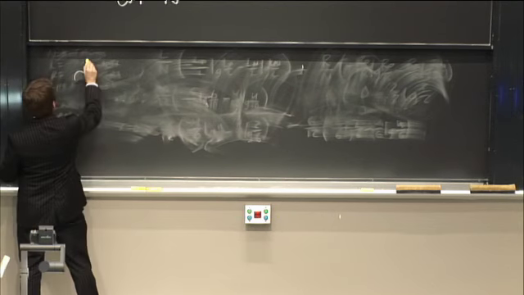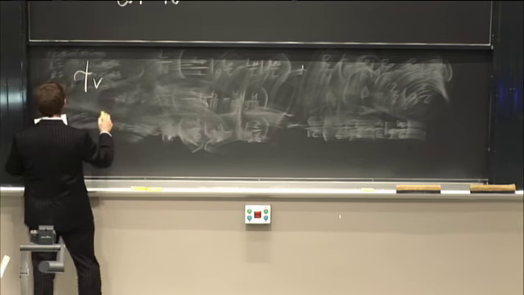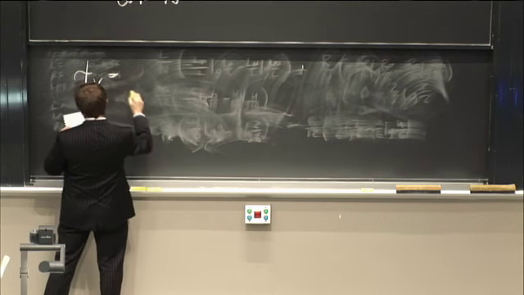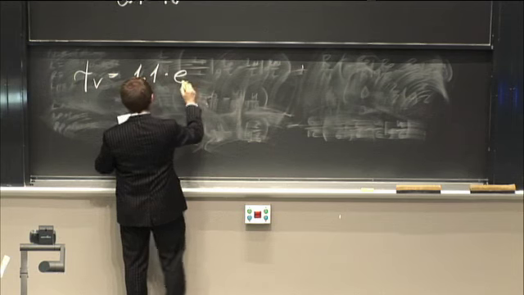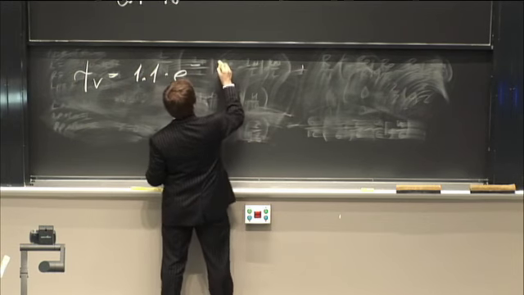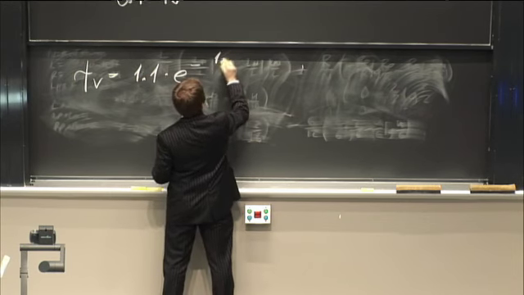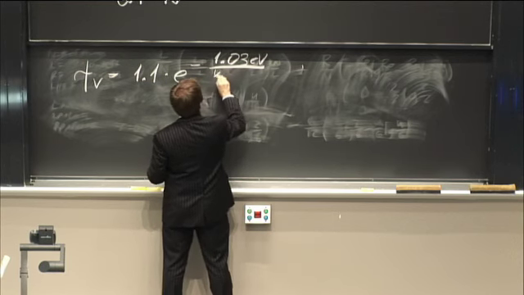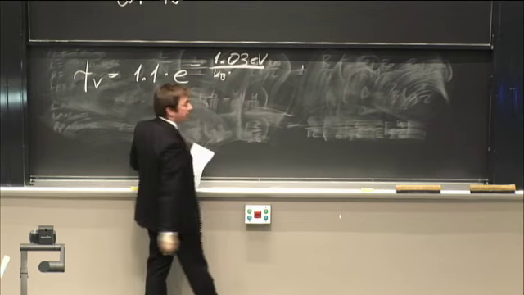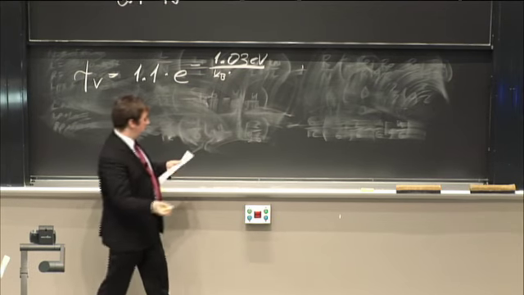Okay, so here's my fraction of vacancies. And we know that it is going to be expressed as 1.1 times exponent minus the formation energy, which is 1.03 eV. And then we'll put in Boltzmann's constant. And then let's pick a temperature. So for the moment, let's just pick room temperature.